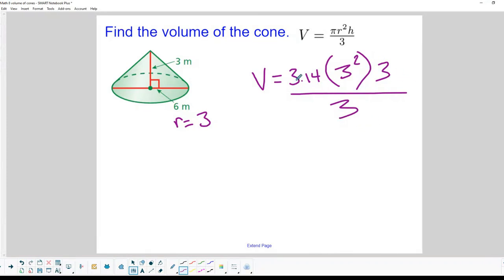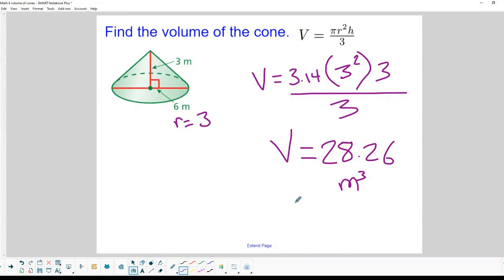I can cancel those out and just do 3.14 times 3 squared, but I'm going to go ahead and multiply it all out, to make sure I didn't miss anything. So 3.14 times 3 squared times 3 equals 84.78. 84.78 divided by 3 gives me 28.26. So volume equals 28.26 meters cubed.